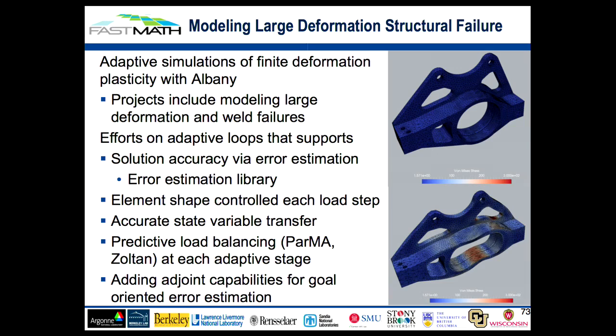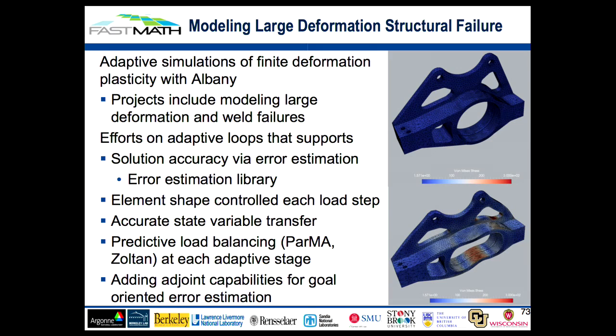So that's all about ice sheets, and now we present another problem, which is large deformation mechanics. In this case, you see a suspension bracket, and the idea here is that you want to see what happens when you apply a load and try to stretch this.